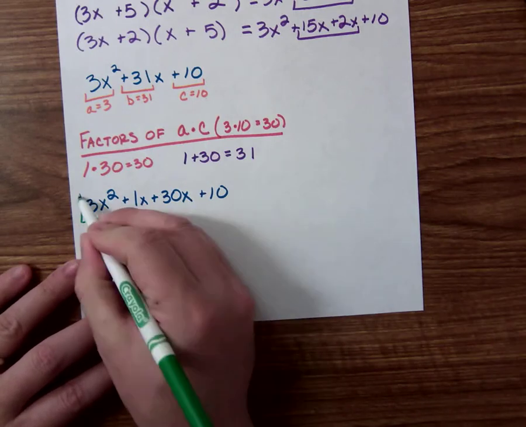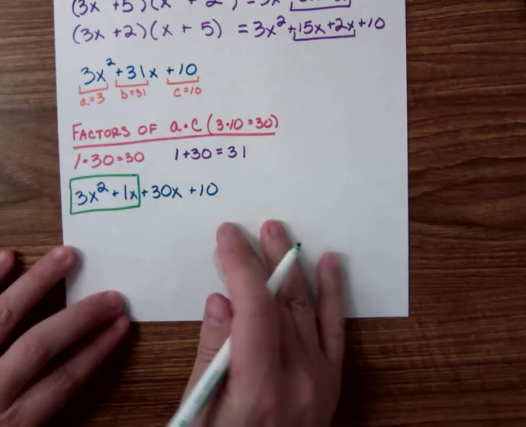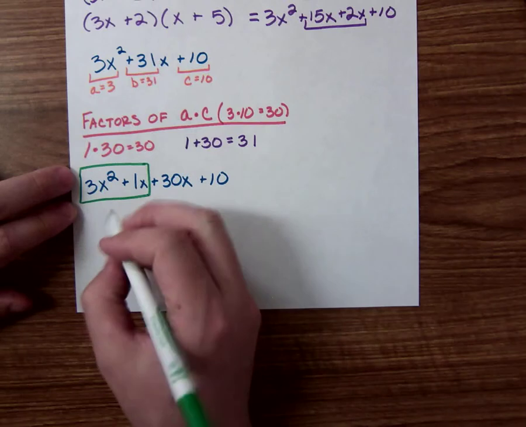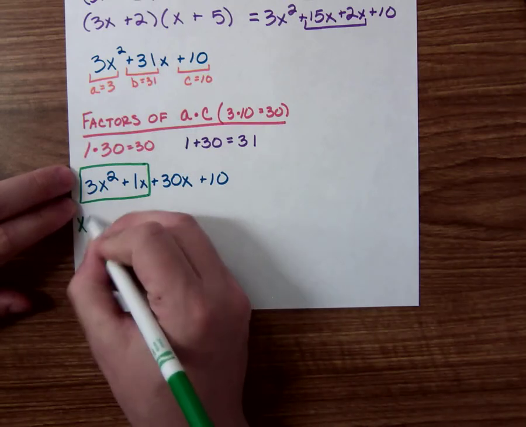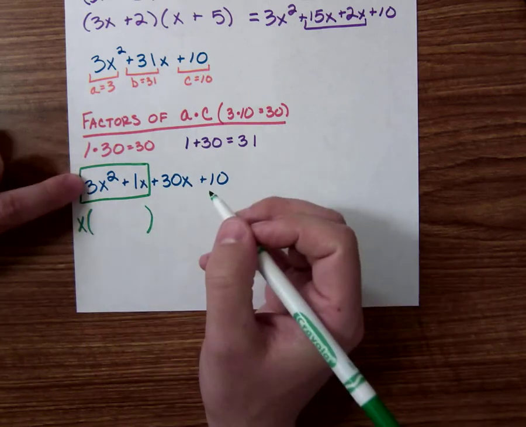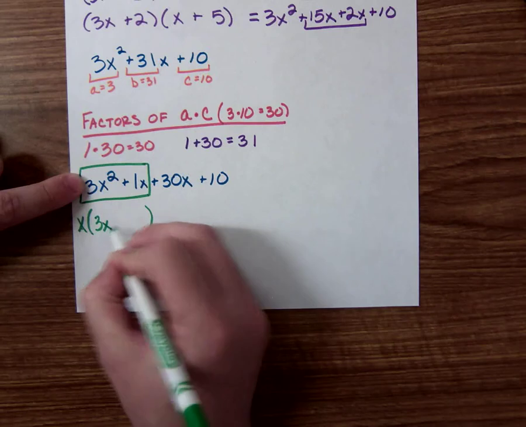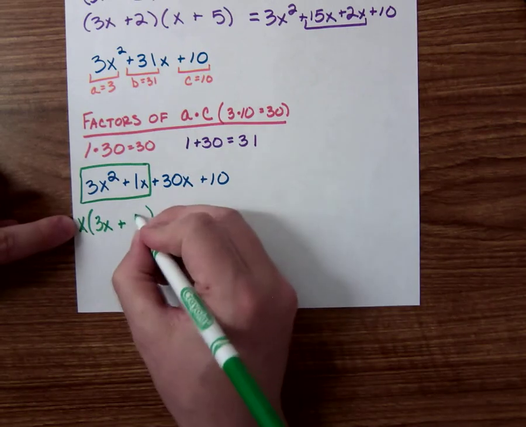First, I'm going to find the greatest common factor of these two things. So let's do that. What's the greatest common factor of 3x squared and x? X. Let's divide. 3x squared divided by x is 3x plus 1x divided by x is 1.